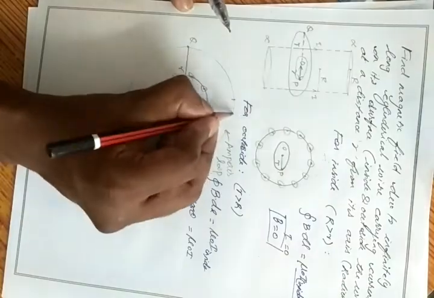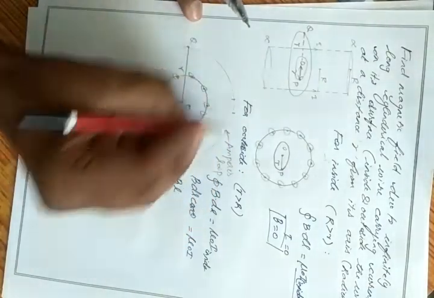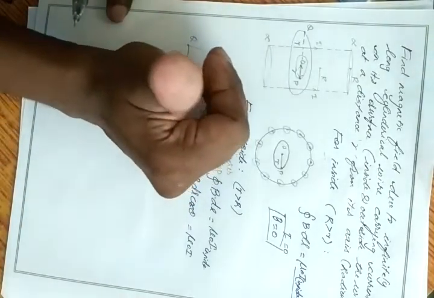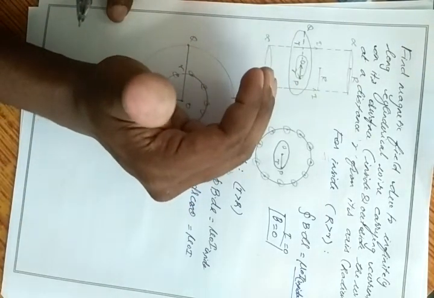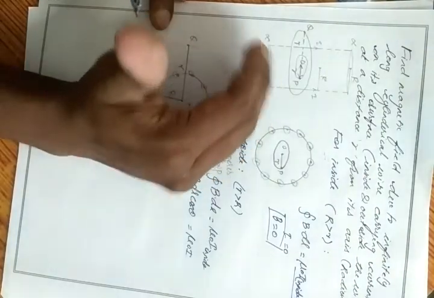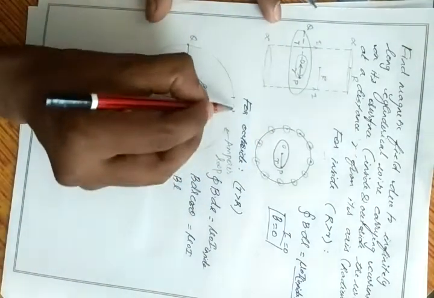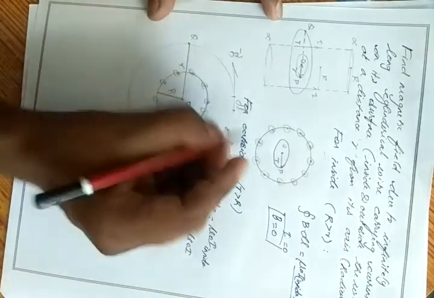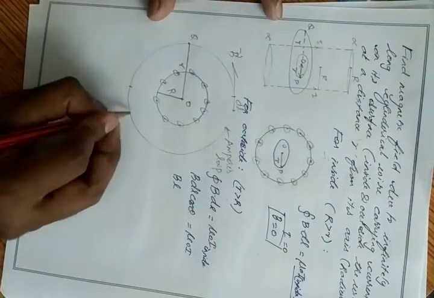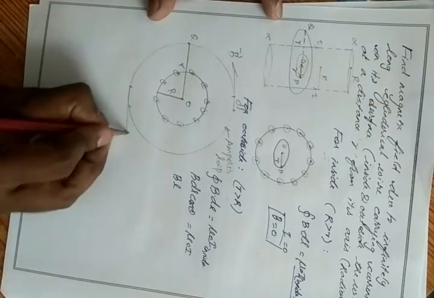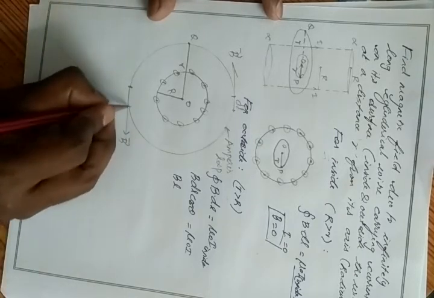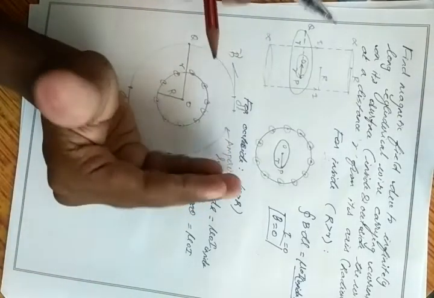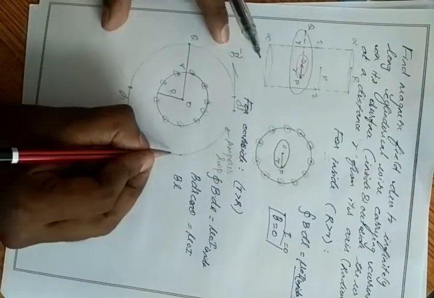If I consider any length element, my current is coming outwards. By using the right hand thumb rule, with current coming outwards, the fingers show the direction of magnetic field.